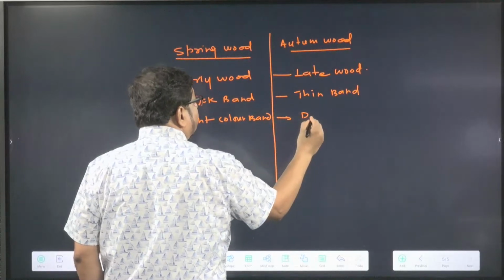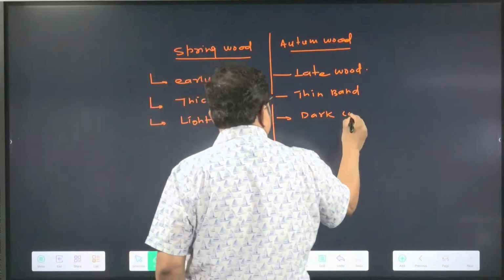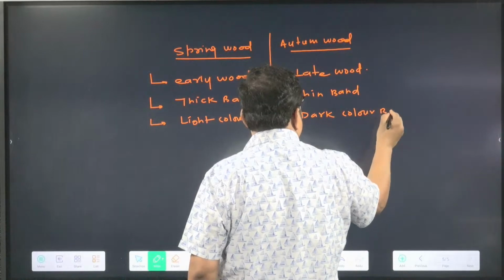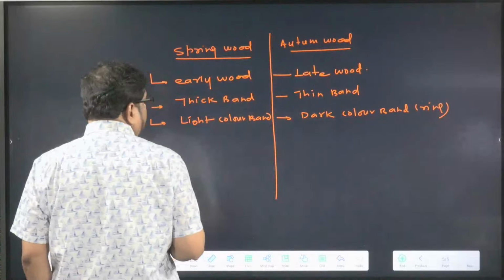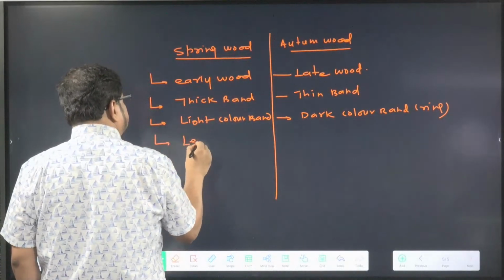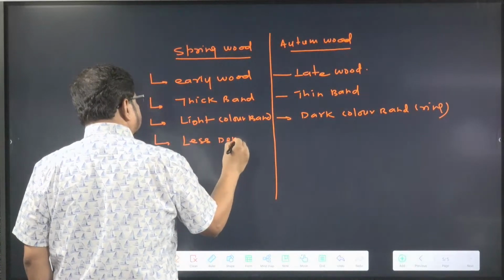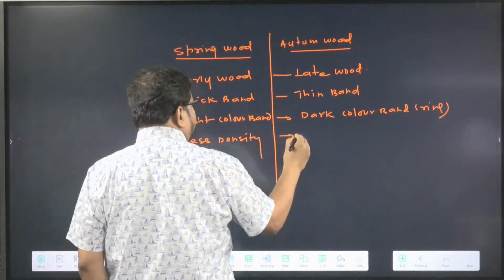It is a dark color band. Band or ring, I am writing, so you do not get confused. It has less density and here it has more density.